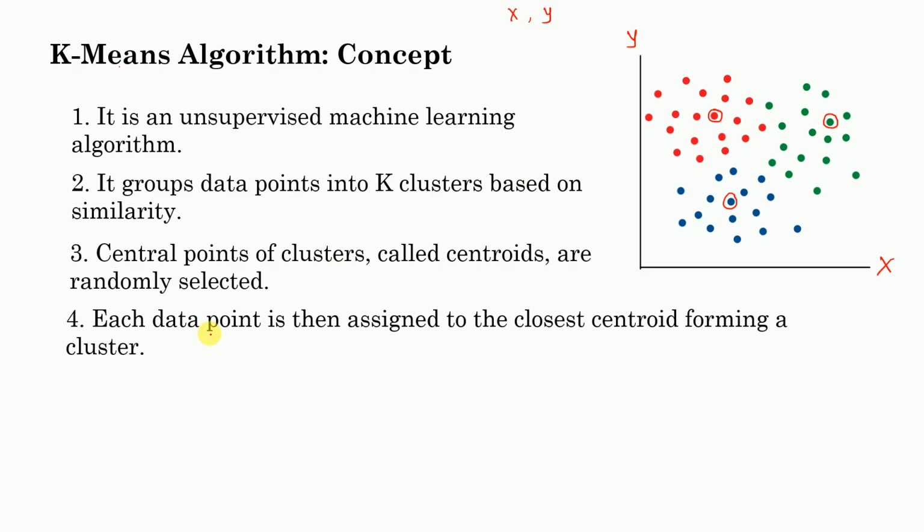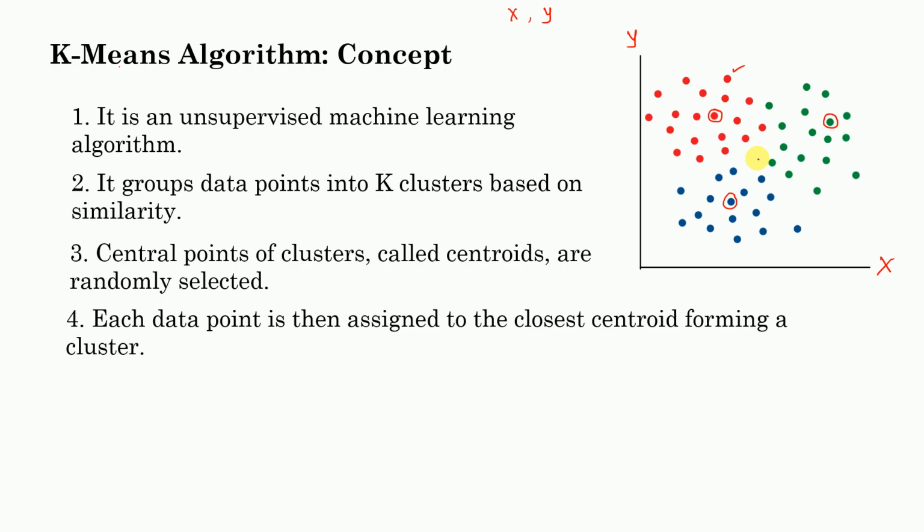Now each data point is then assigned to the closest centroid forming a cluster. After selecting these centroids, what we have to do? We have to calculate the distance. Suppose for example of this point, we have to calculate the distance of this point from the first centroid, and then the distance of this point from the second, and then the distance of this point from the third one.